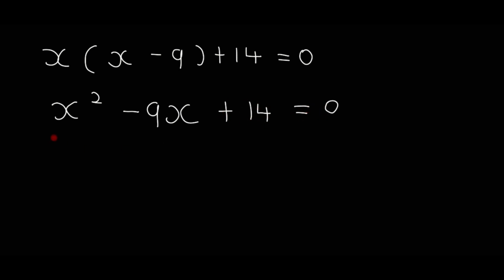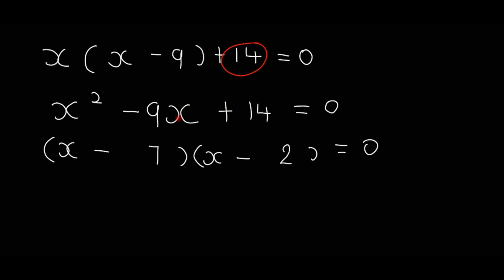We notice that this is a quadratic. Here we have x and x, and then minus, minus, and then 7 and 2, because this example is like the previous examples. I want to highlight that if you have a certain number here, do not take this part and say it equals 0.